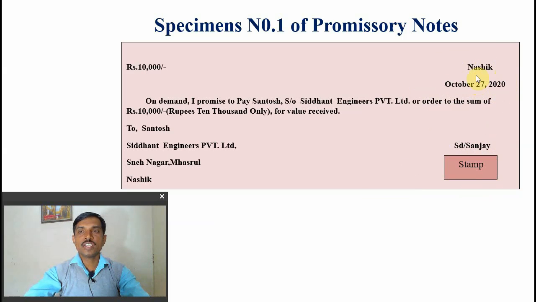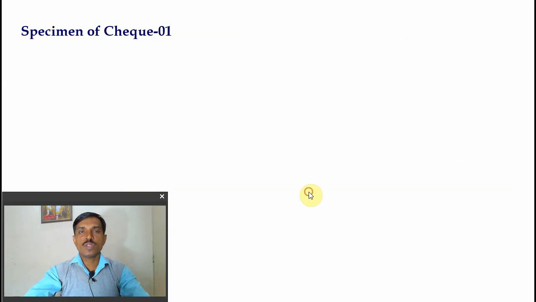Sometimes the place is mentioned at the top, sometimes at the bottom. The rupees are written in words and in figures also. There are two parties: Mr. Sanjay is the maker who gives a promise to pay to Mr. Santosh. It is about the promissory note.